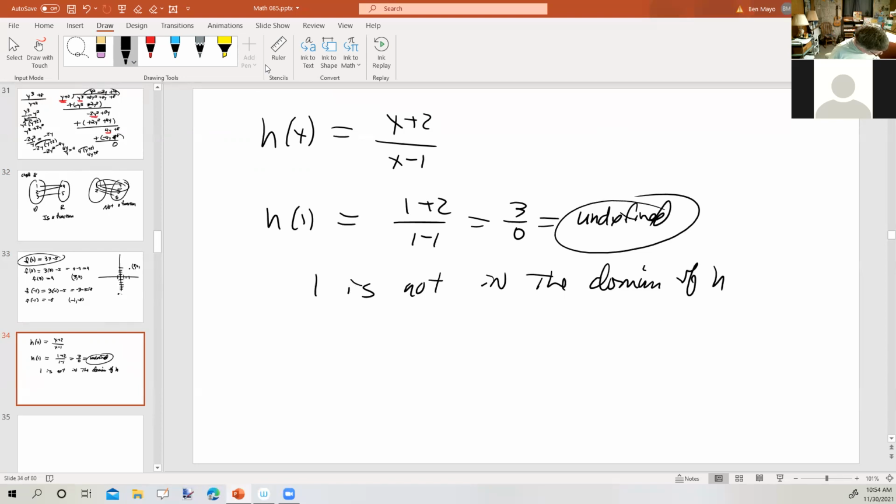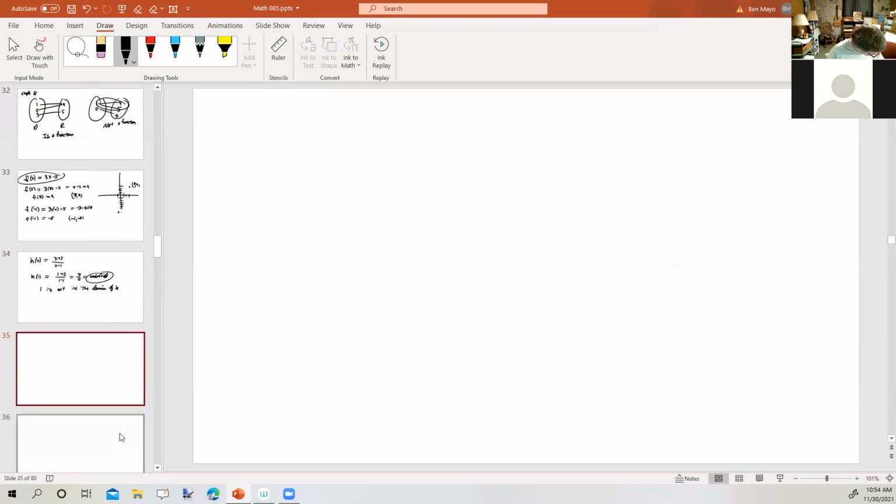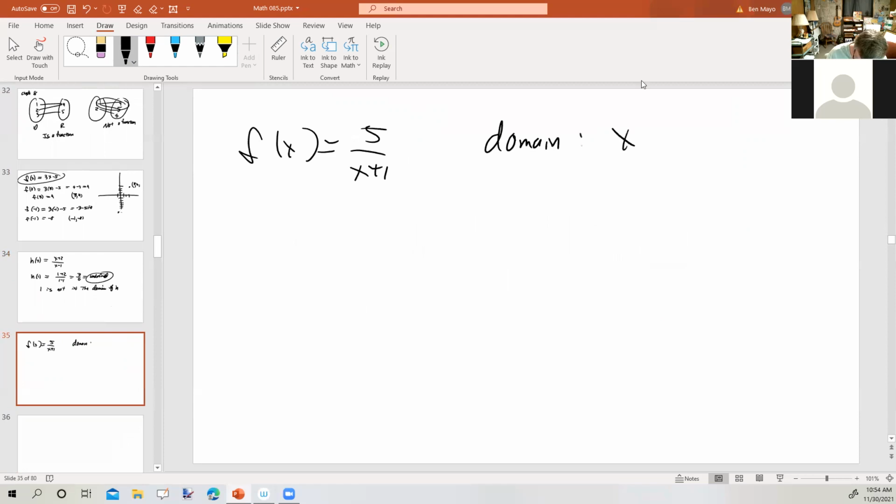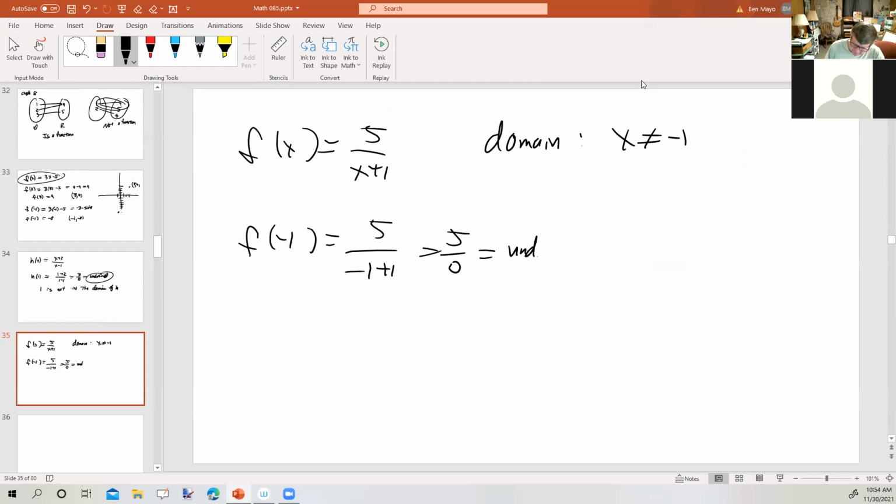Okay. Let's take a look at a couple more of those. Let's say we've got this: f of x equals 5 over x plus 1. The domain would be all real numbers except x could not equal negative 1, because f of negative 1 would be 5 over negative 1 plus 1, 5 over 0, which is undefined.